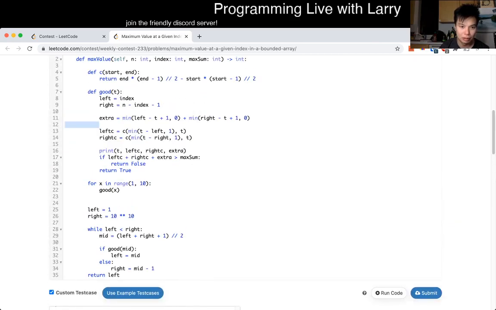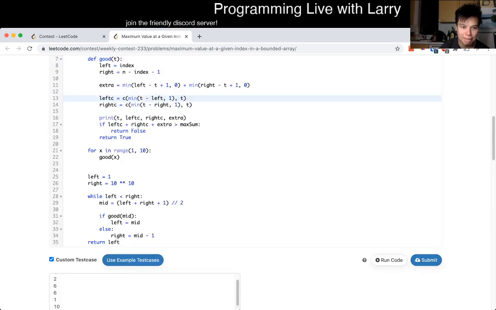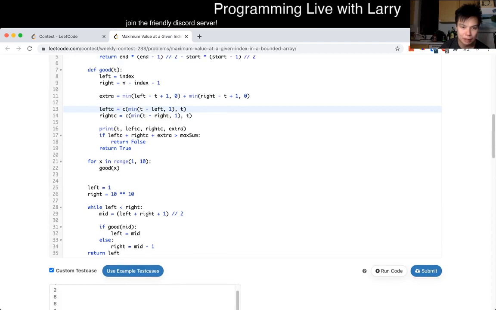So if left is 1, we go from 4 to... Okay, no, this should be right. Why am I getting -1 here? -1 is here only if this is T. What?